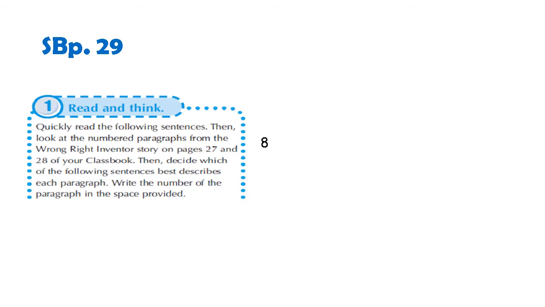Now let's turn to our skills book. These activities are about the story in the class book. If we look at skills book page 29, activity number 1, the instructions: quickly read the following sentences. Then look at the numbered paragraphs from the Wrong Right Inventor story on pages 27, 28 and 29.